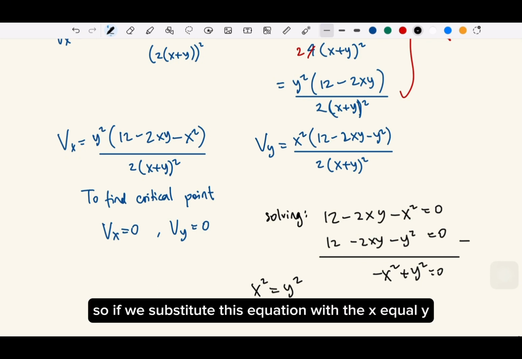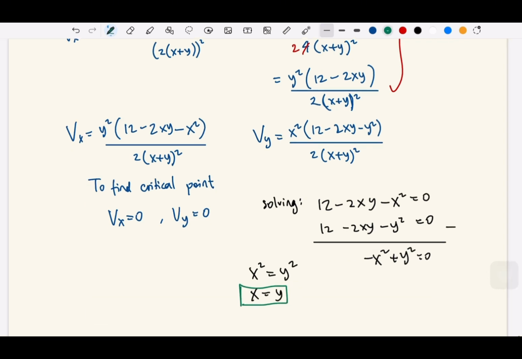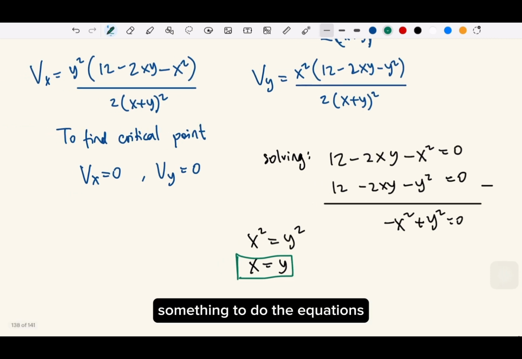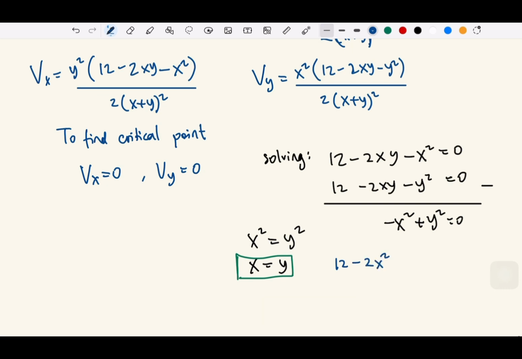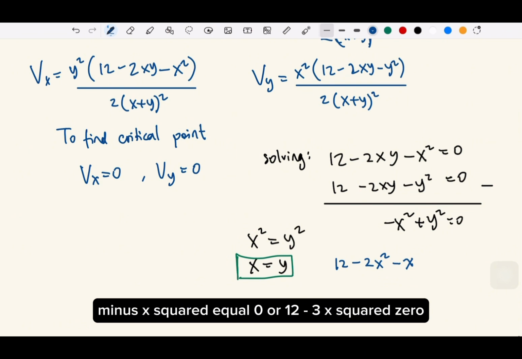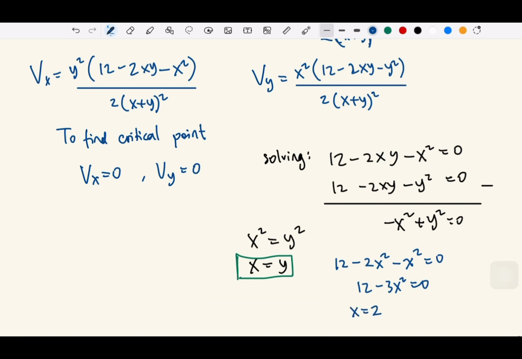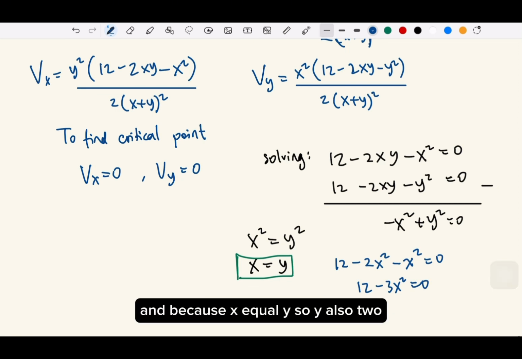So if we substitute the equation x equals y, then we get 12 minus 2x squared minus x squared equals 0, or 12 minus 3x squared equals 0, and we get x equals 2. And because x equals y, y is also 2.